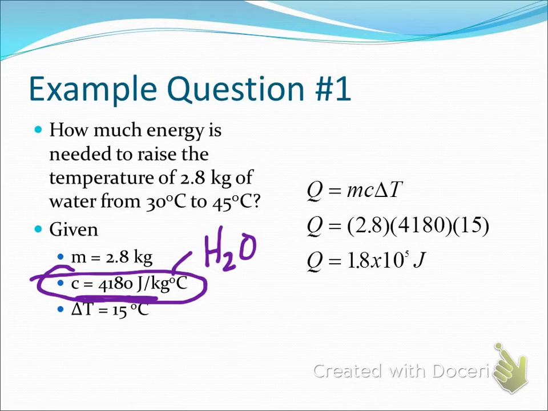And again, that number really means that it takes 4,180 joules. If you had a kilogram of water, that would be how much energy is required to raise it 1 degree Celsius. And if you look at the chart, water is the highest specific heat capacity.